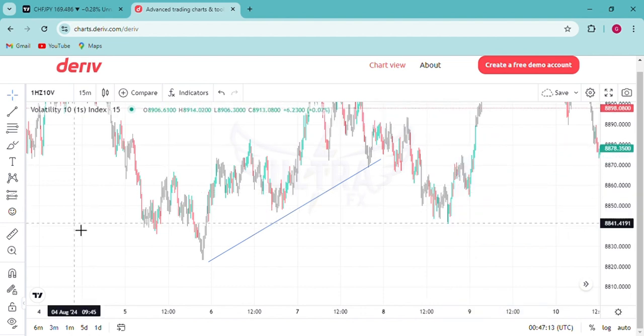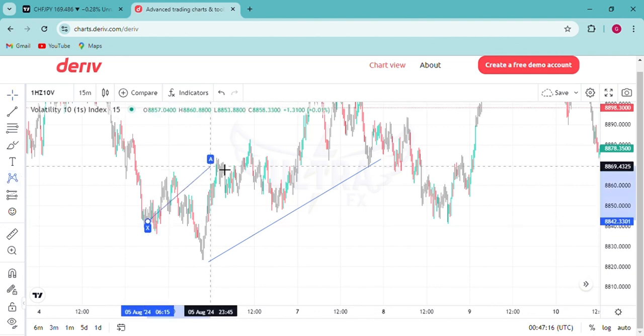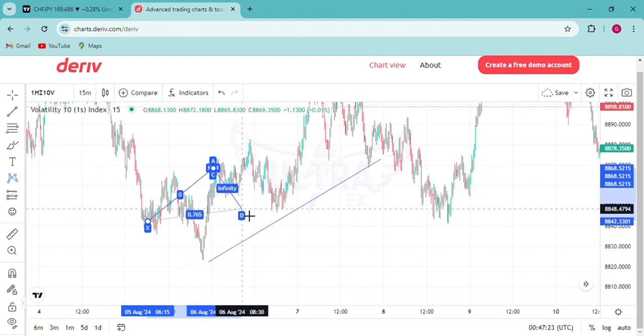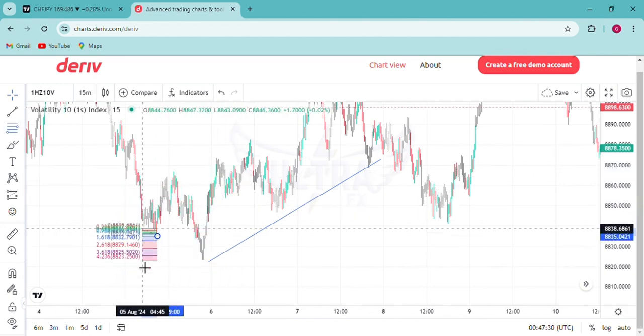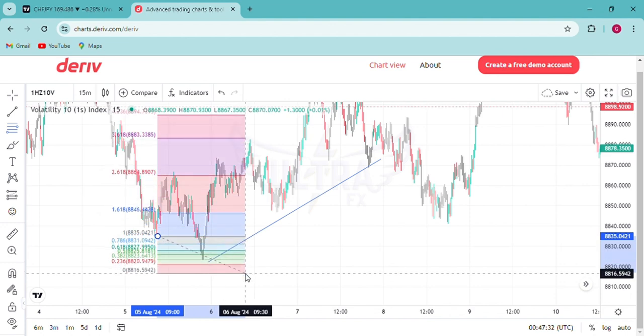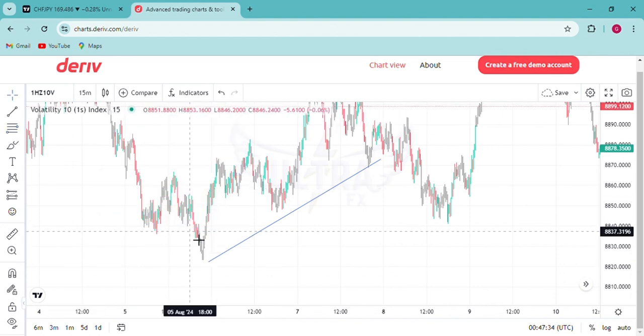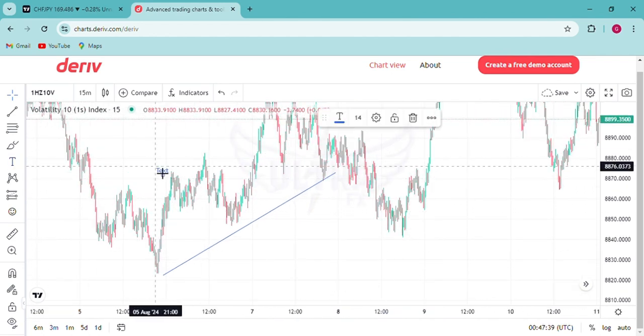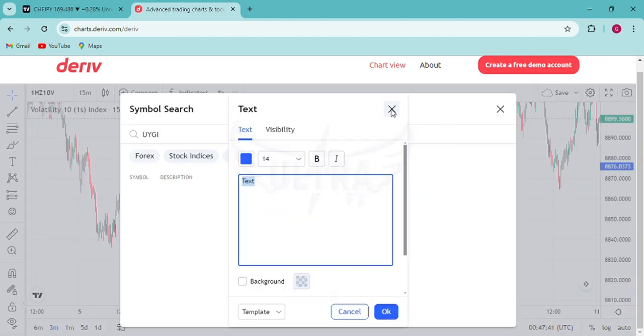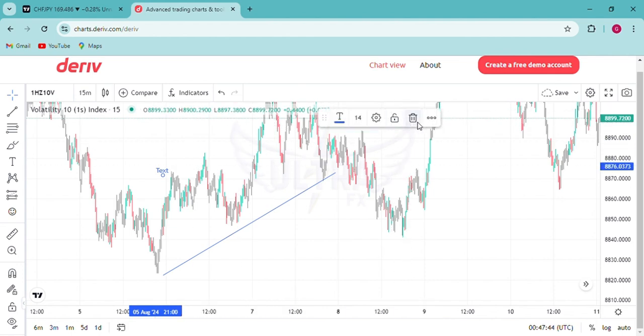Then we have our Fibonacci here. So we have tools like this here also, and you can type in anything you want.